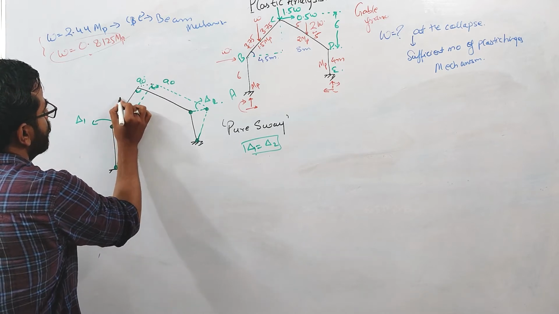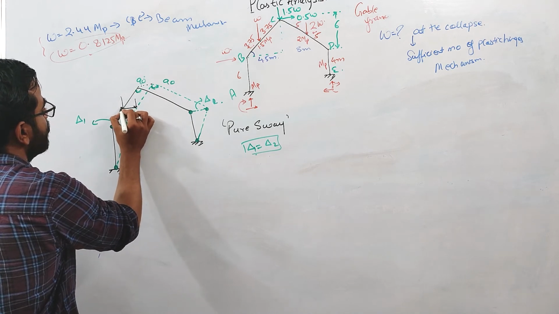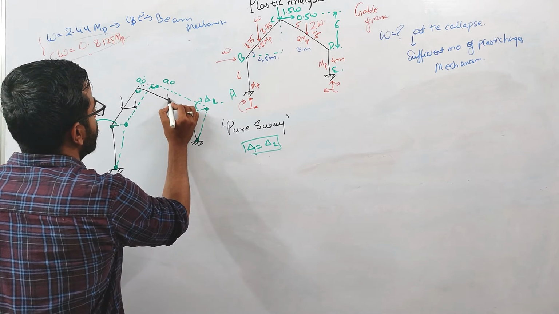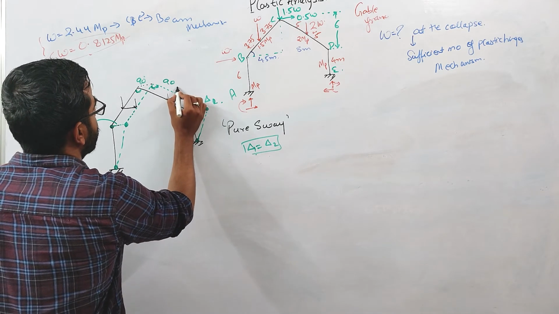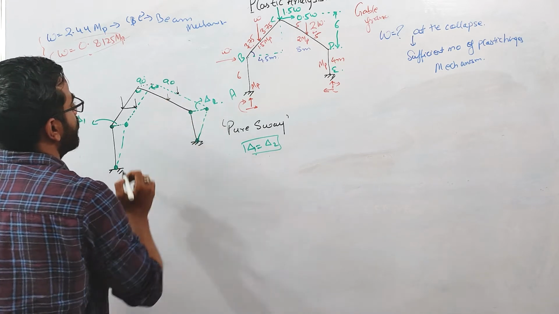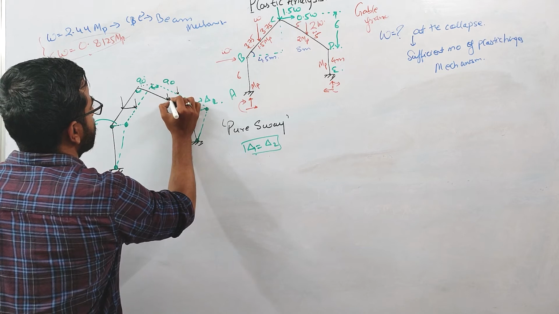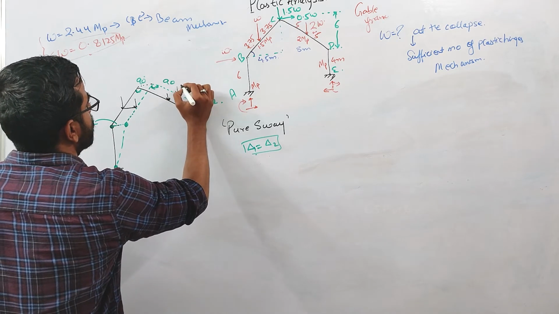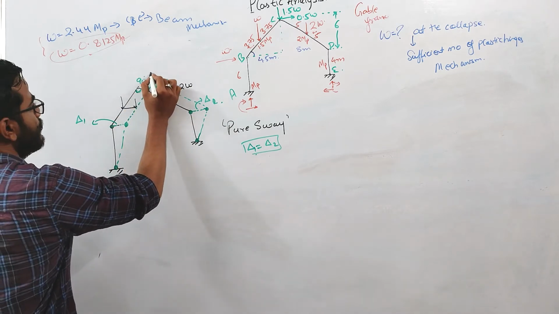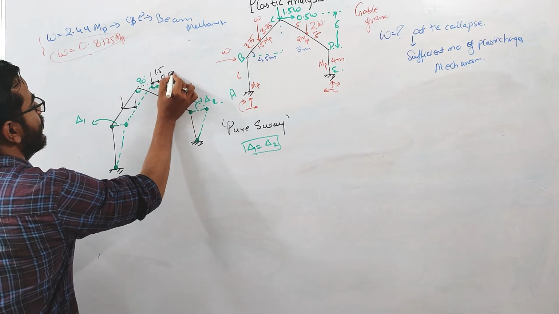Okay. So if W load is acting at this point, similarly W load will act here. This is the position of the W load after sway. Here also, if 2W load is acting over here, again this is 2W. Okay. Here 1.5W and 0.5W.